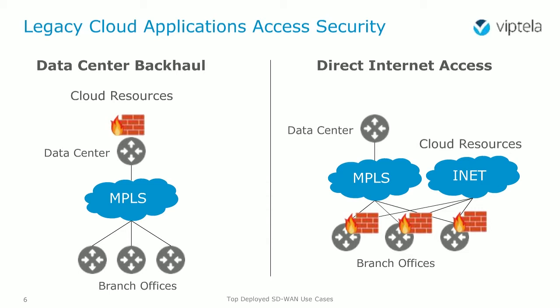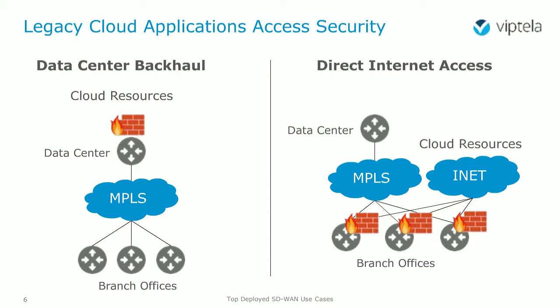Of course, to secure that access into the cloud resources, most customers are putting firewalls in there. So you have a data center backhaul into the organizational enterprise data center, where the traffic is inspected by the firewall before it's given to the cloud resources.